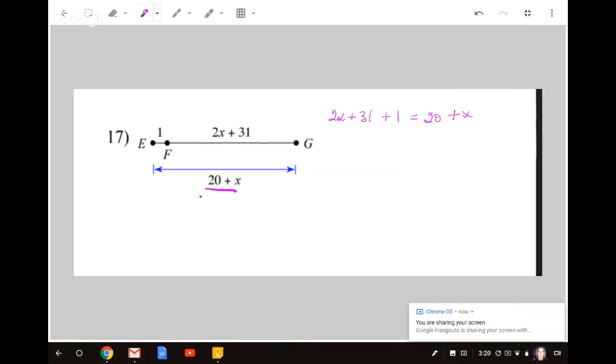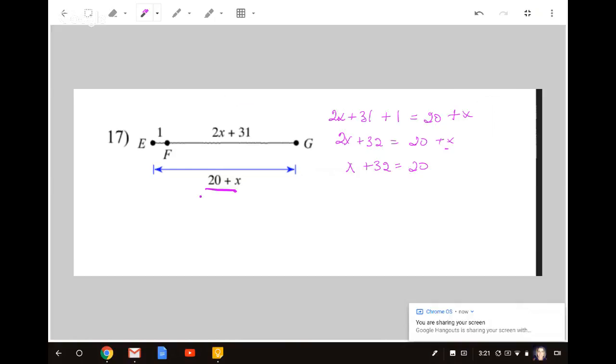So you would just combine your terms and then move stuff around, okay? So 2x plus 31 plus 1 would be plus 32. And then over here, 20 plus x. Now I would move this x over, and so I would just have x plus 32 equals 20, okay?